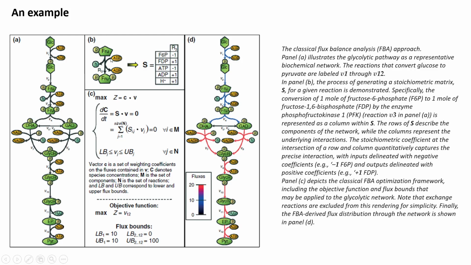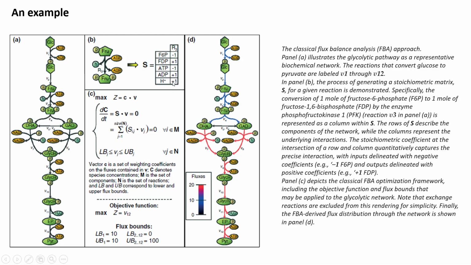ATP is getting converted to ADP, and one H plus is getting released, and fructose 6 phosphate is getting converted to fructose 1,6 bisphosphate or fructose diphosphate in this case. So this is getting formed, so this is plus one. This is getting degraded, so this is minus one. ATP is getting degraded, so minus one, and ADP is getting formed, plus one, and one hydrogen H plus ion is also getting formed, which is plus one.